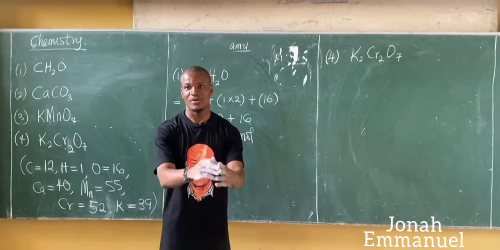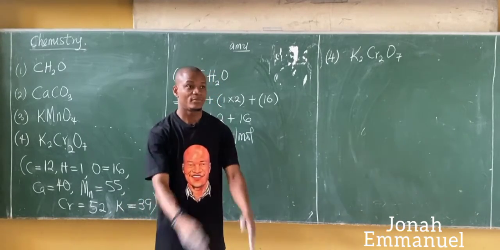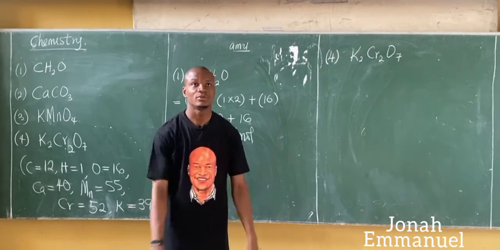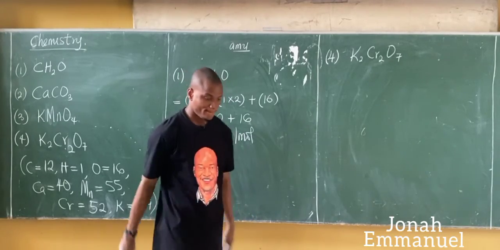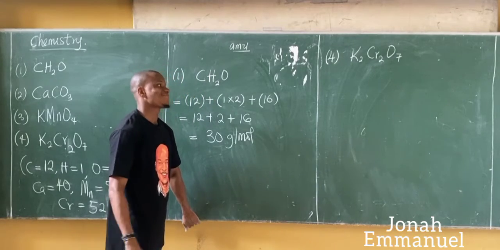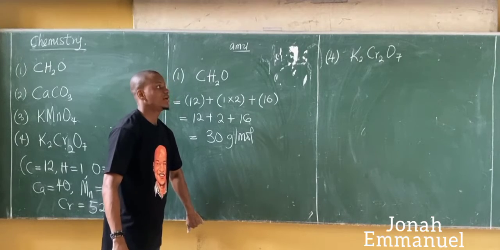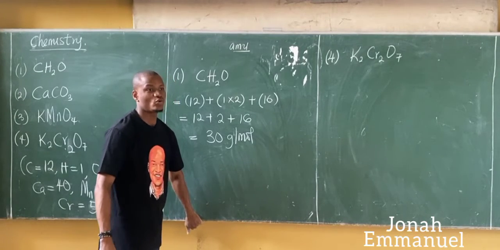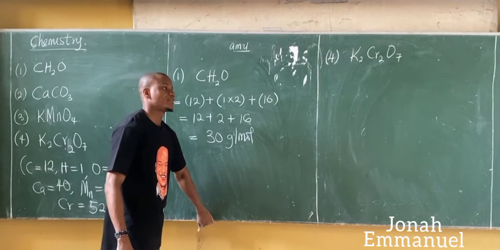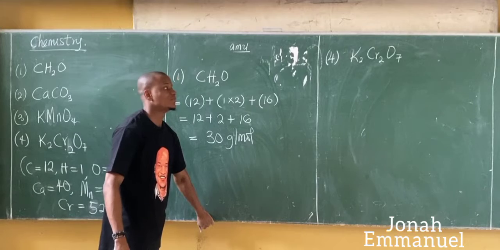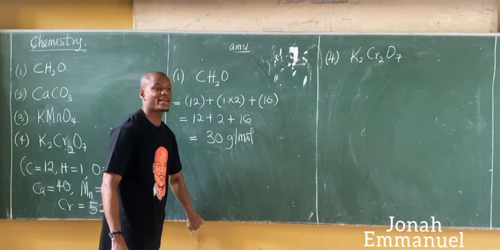So look at how to also name inorganic compounds. It's potassium heptaoxodichromate(VI). That's the compound: potassium heptaoxodichromate(VI).